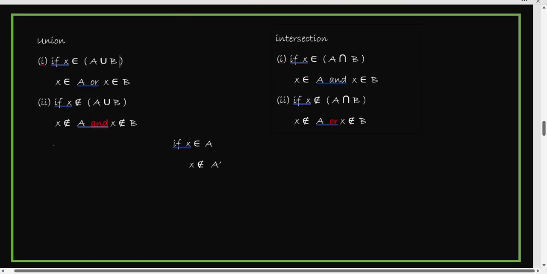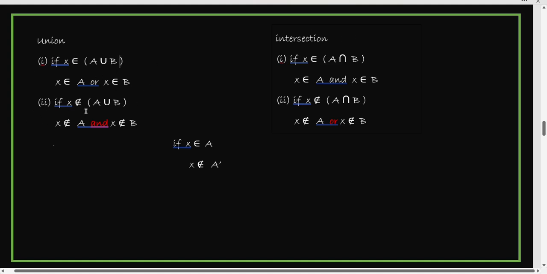Next, when solving problems algebraically, you will use these important things. Remember this. If x belongs to A union B, x belongs to A or x belongs to B. If x belongs to A intersection B, x belongs to A and x belongs to B. This is the difference, union and intersection.